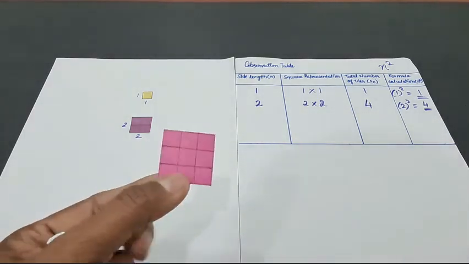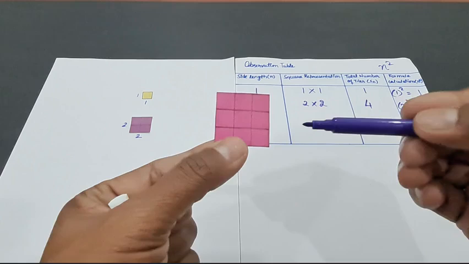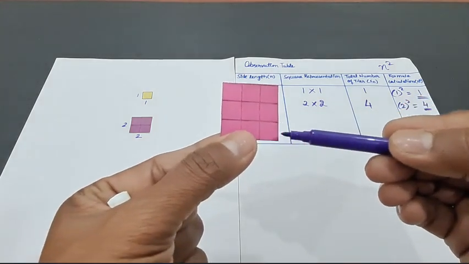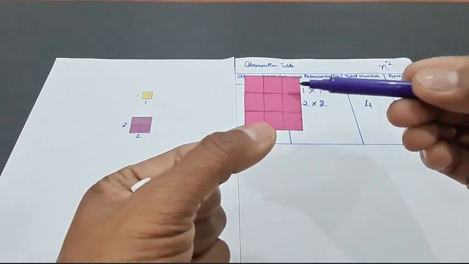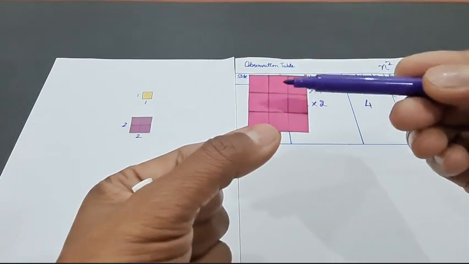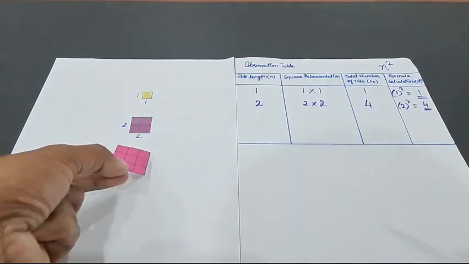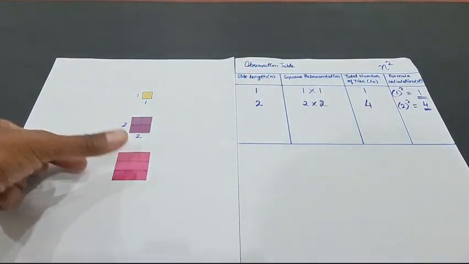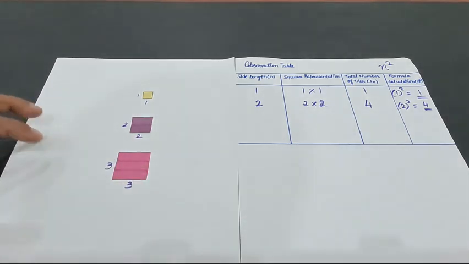Likewise, you can keep on increasing the size of the square. You can see here, this contains 1, 2, 3 along the length and 3 along the width. So if you count the total number of squares inside this, it will be 1, 2, 3, 4, 5, 6, 7, 8, 9. And so you can again paste it here and show that the length is 3 and the width is also 3.